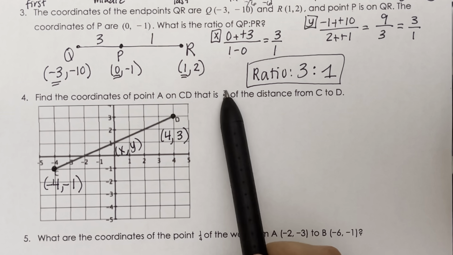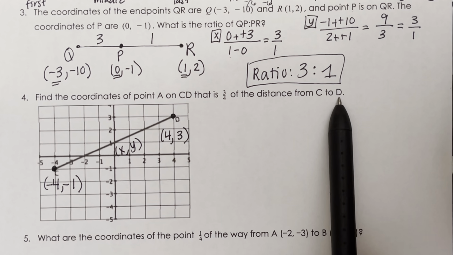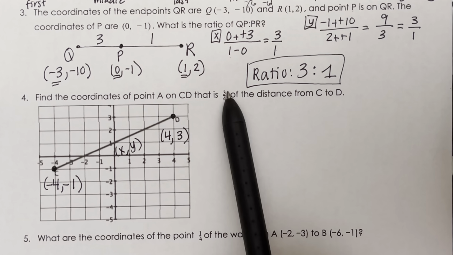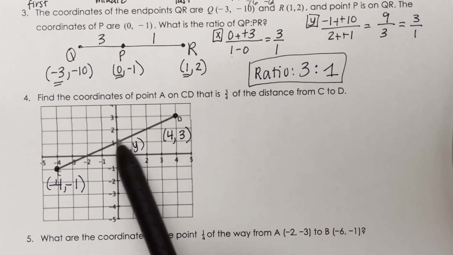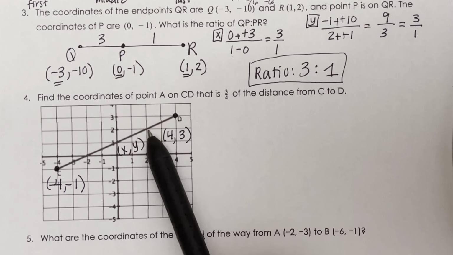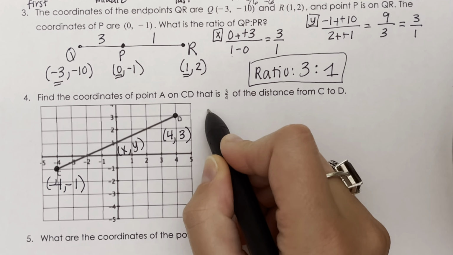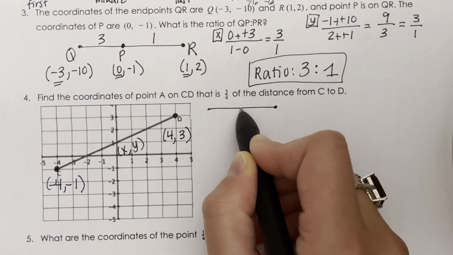Now, it says 3/4 of the distance from C to D. If I think about that logically, 3 of the 4 pieces should be right here, which means what's left over is only 1 piece. Sorry about that, that's my grandfather clock. Think about it this way.